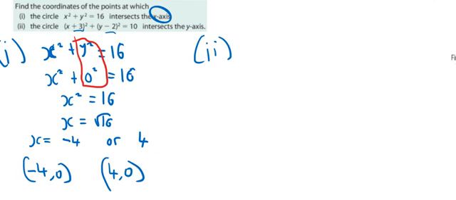But we don't even really need to know that to do this question. Because we're looking for where it intersects the y-axis, I'm going to let x equal 0. Remember, you let the other one equal 0. So let x equal 0.